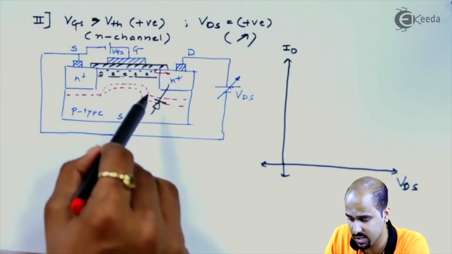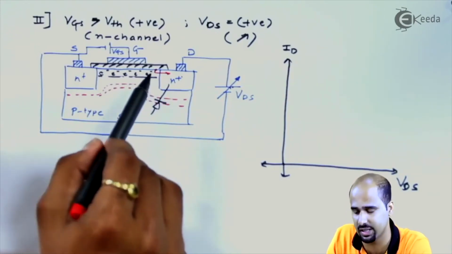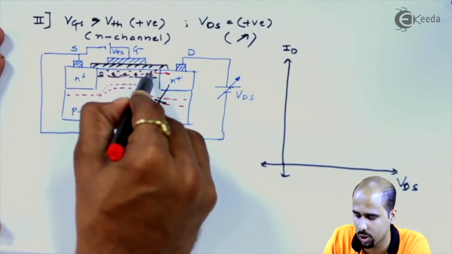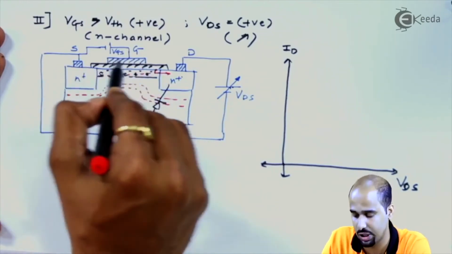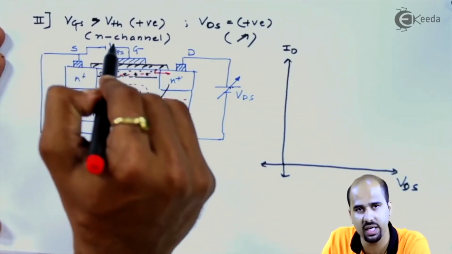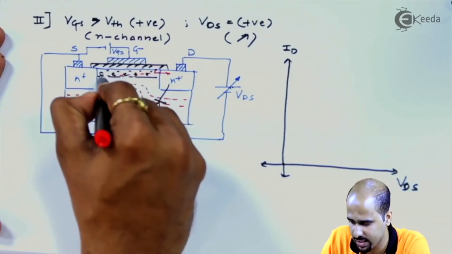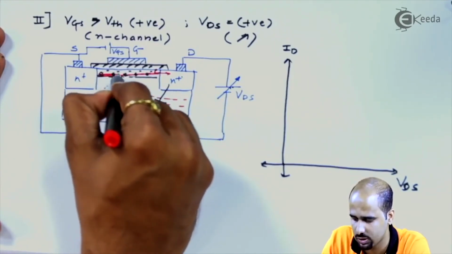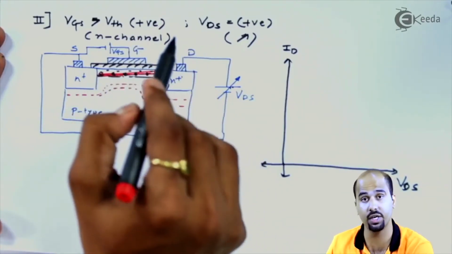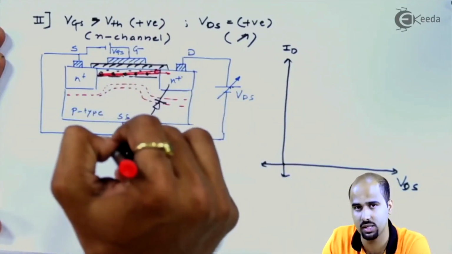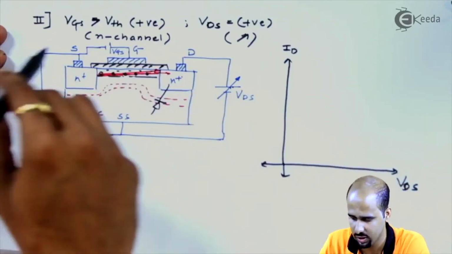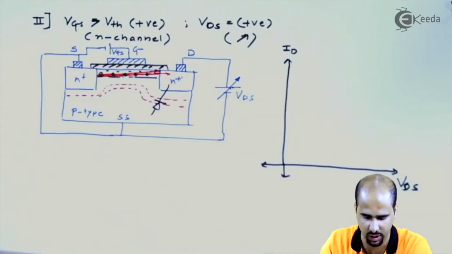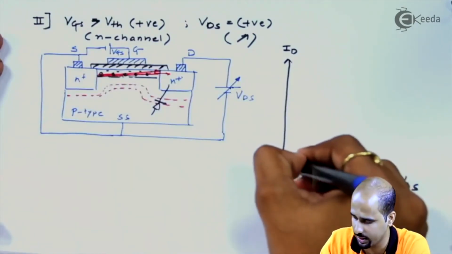But as the width of the junction increases, this will change the width of the channel towards the gate side. So if I increase the value of VDS more and more positive, up to a particular voltage, the value of the current will increase linearly.